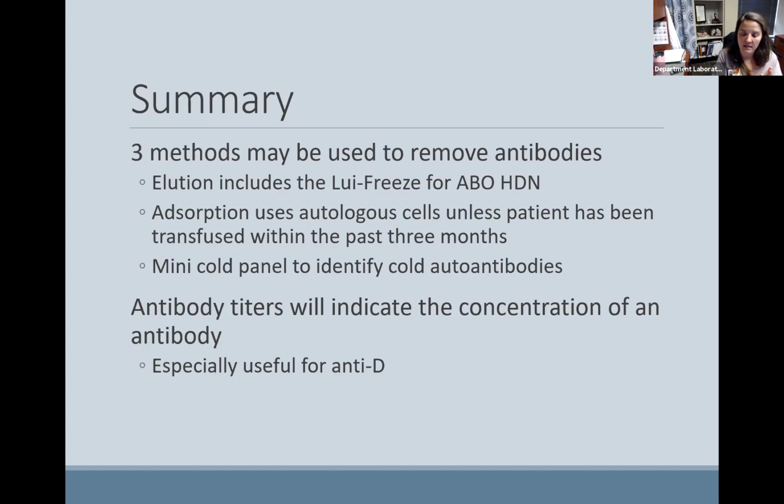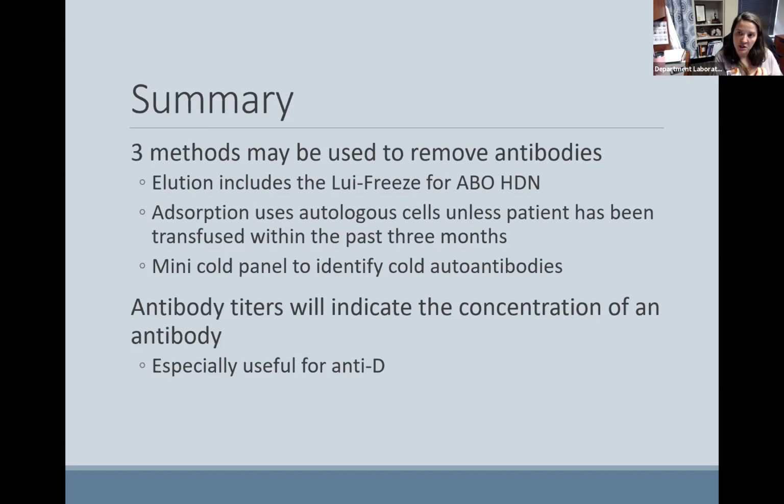So for instance, if you had a patient with a positive DAT and you were doing weak D testing on that patient, and that positive DAT was causing your RH control to be positive, that invalidates your RH. In order to resolve that weak D, you need to perform a glycine EDTA or a chloroquine diphosphate treatment.